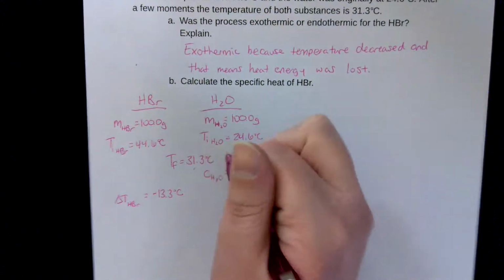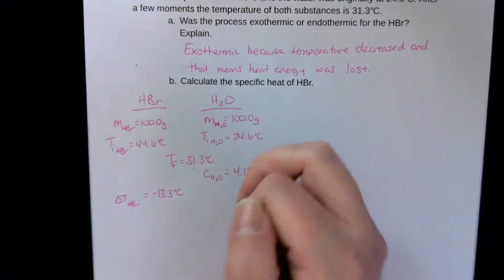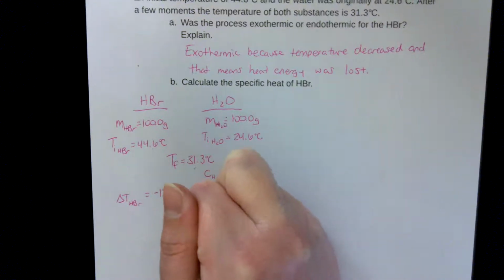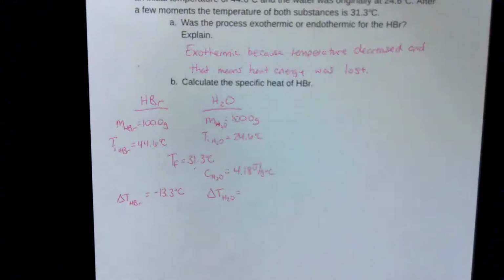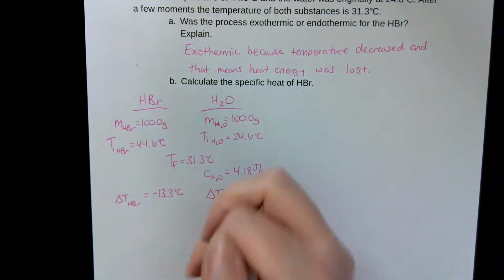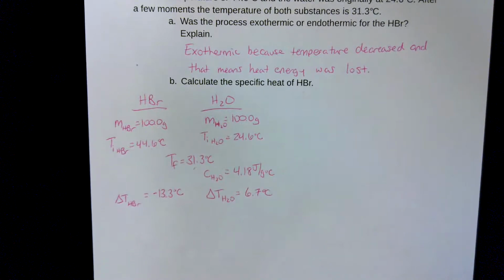I can do the same. I can find my delta T of the water. So final minus initial, 31.3 minus 24.6, 6.7 degrees Celsius.